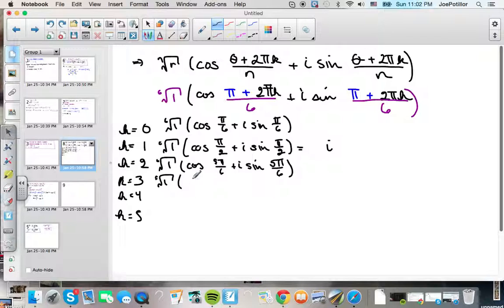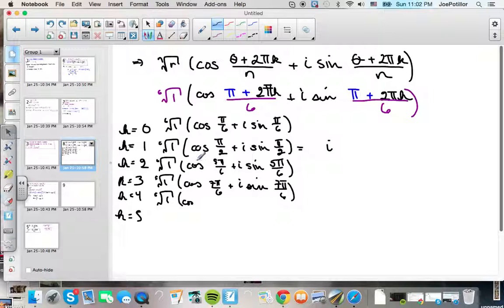Again, the 6th root of 1, cosine: 3 times 2 is 6. 6 plus 1 is 7. Of course, 4 times 2 is 8. 8 plus 1 is 9. So it's 9 pi over 6.